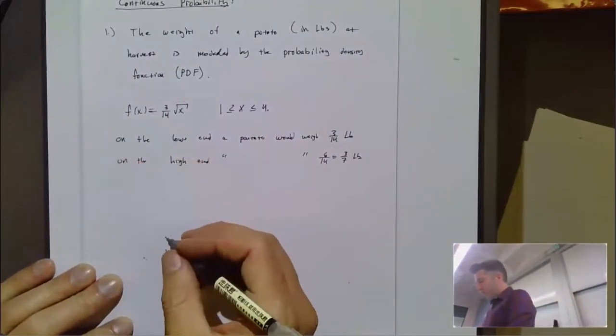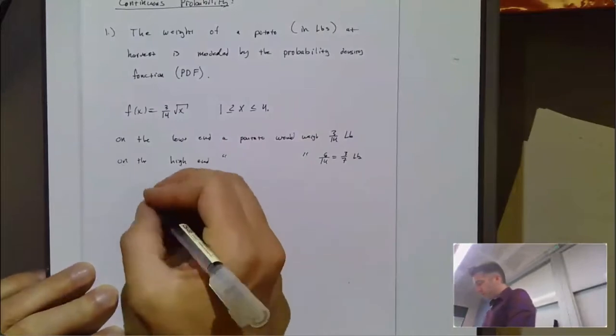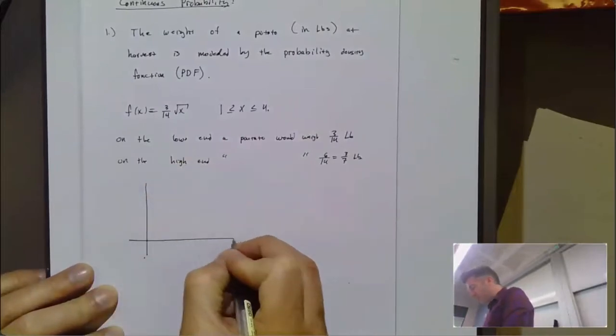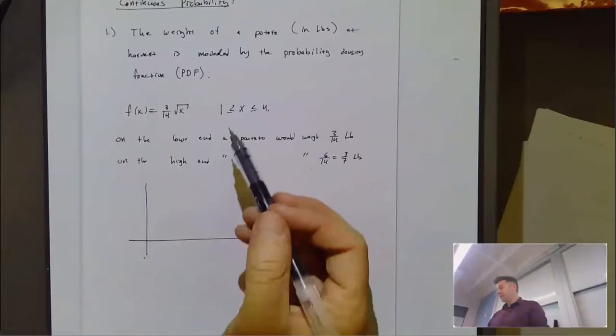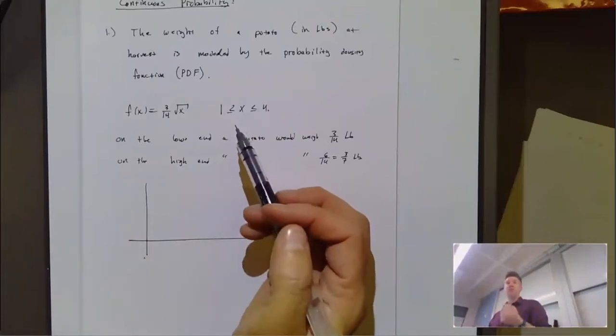Something to know, when we talk about continuous distributions, we still have this idea of all the probabilities adding up to 1. The problem is I can't add them all up, right? X can literally be any value between 1 and 4.